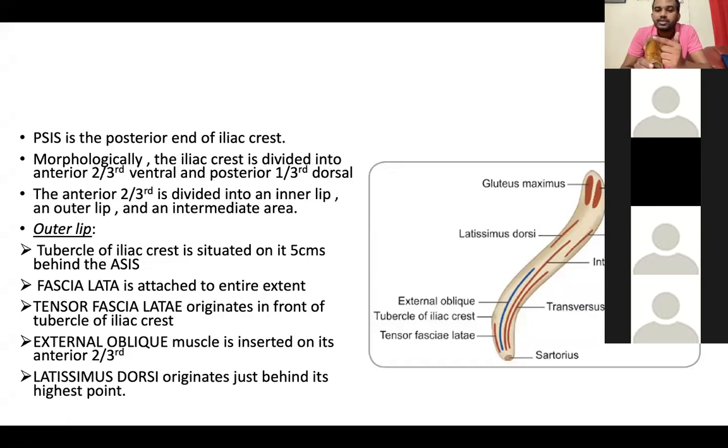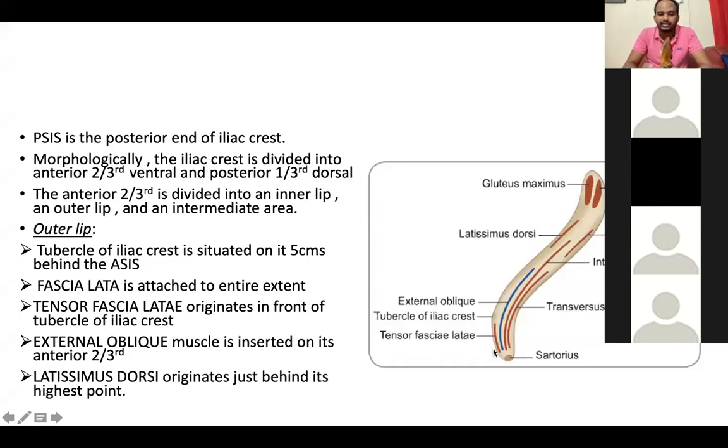This one. So in front here, can you see this one? The tensor fascia lata will take origin along the outer lip in front of the tubercle of iliac crest.